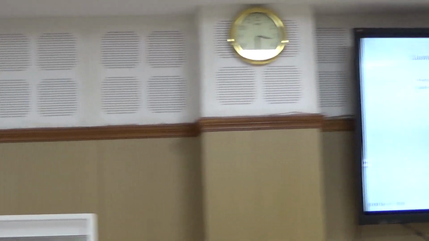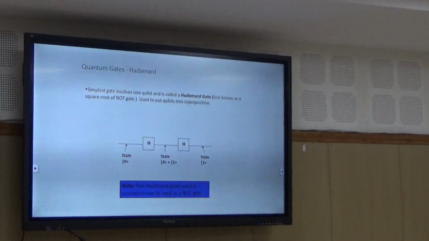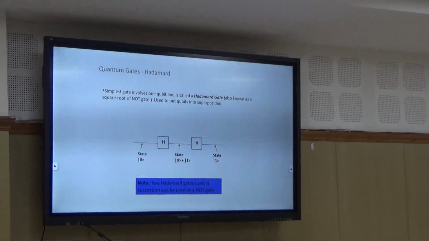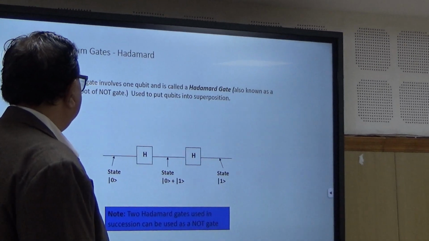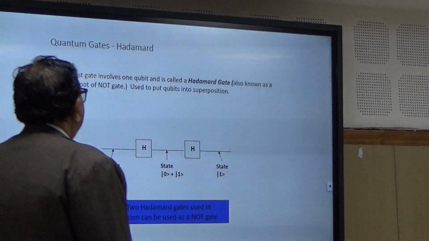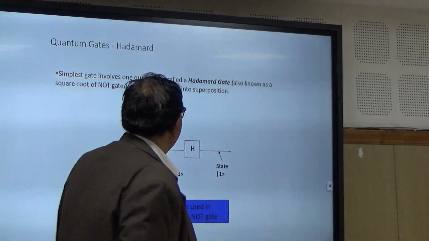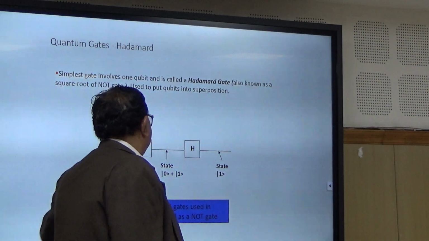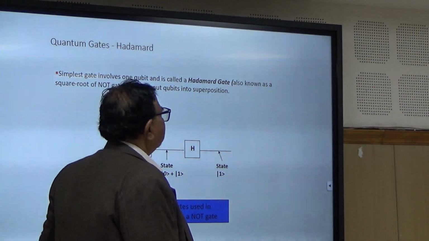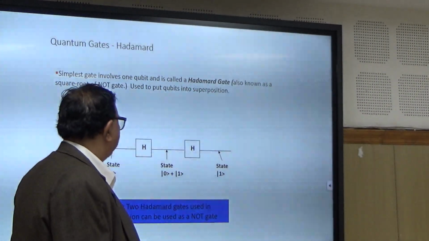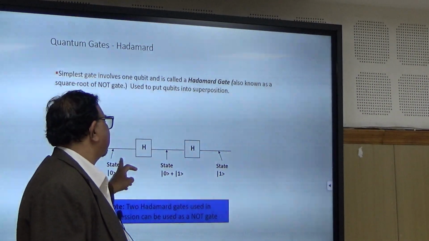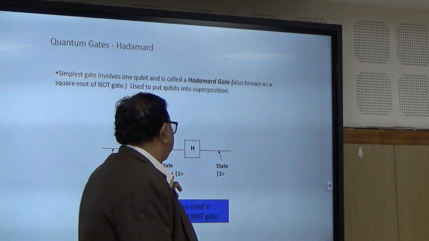So, when we are talking about these gates in optics or quantum optics, they are called Hadamard gates, quantum gates. They do the same applications. In electronics you are doing it, here in optics, this is a zero state, 0 plus 1.